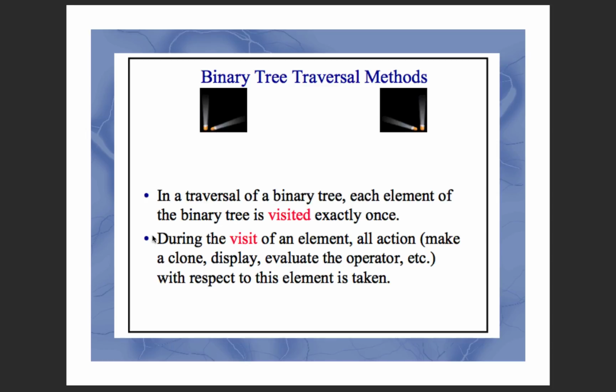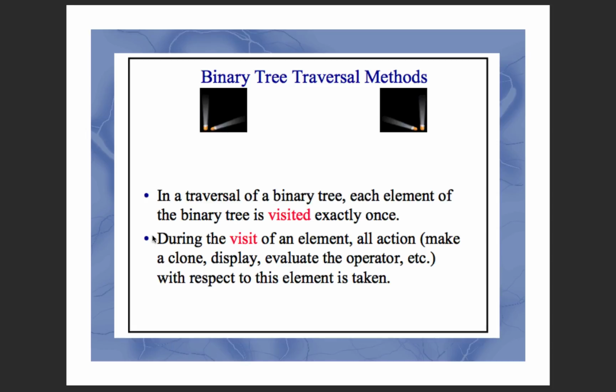We visit each node, apply those operations, then go to the next node, apply the operations, and so on. These operations could be printing data, evaluating expressions, or applying some operators. Whatever operation you want.